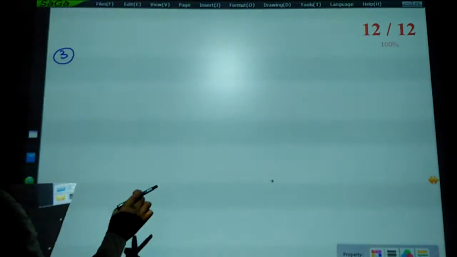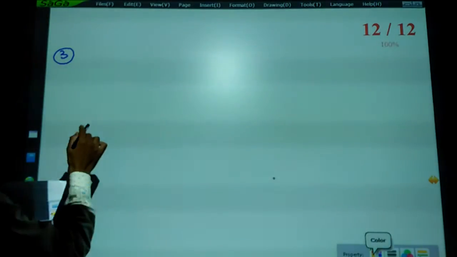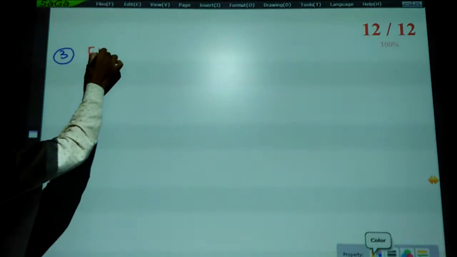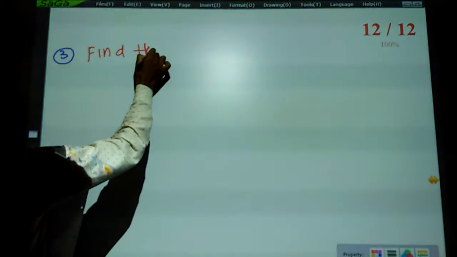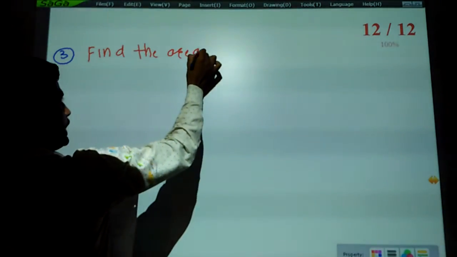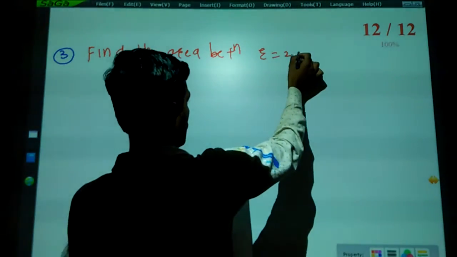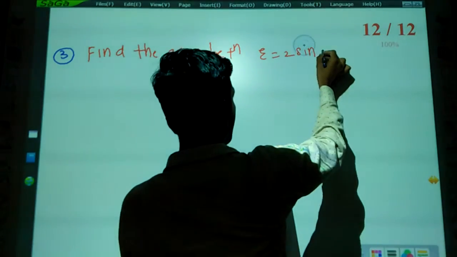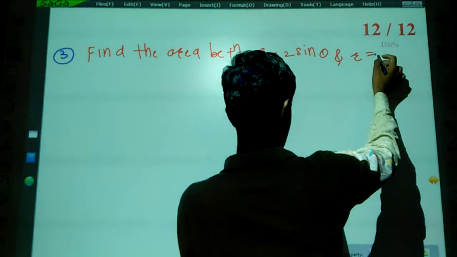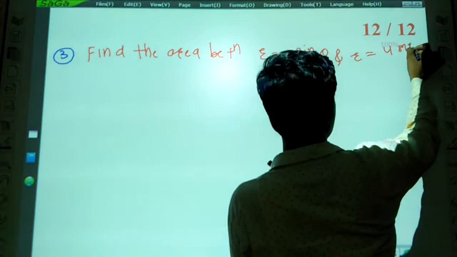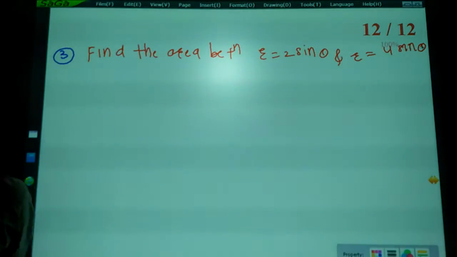Example number 3 is that find the area between r is equal to 2 sin theta and r is equal to 4 sin theta.